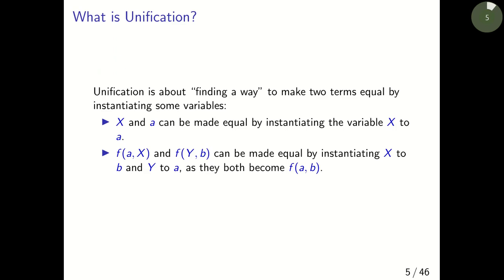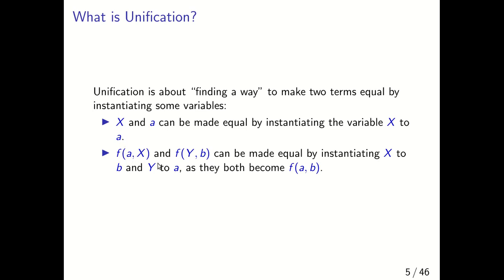Okay, for the introduction. What is unification? Unification is about finding a way to make two terms equal by instantiating some variables. For instance, the variable x and the constant a can be made equal if we instantiate the variable x to a.